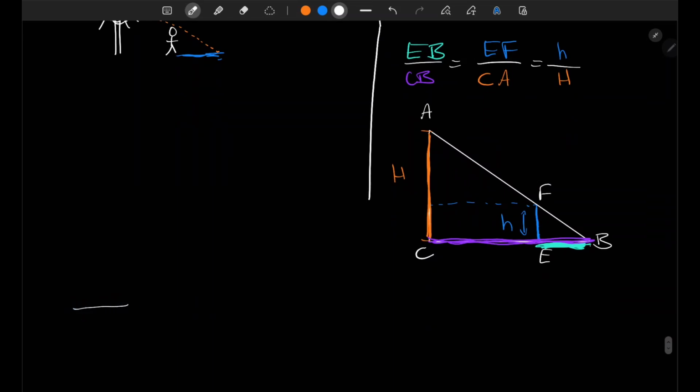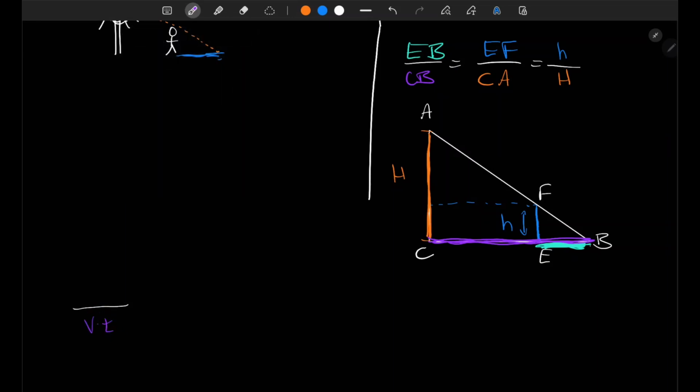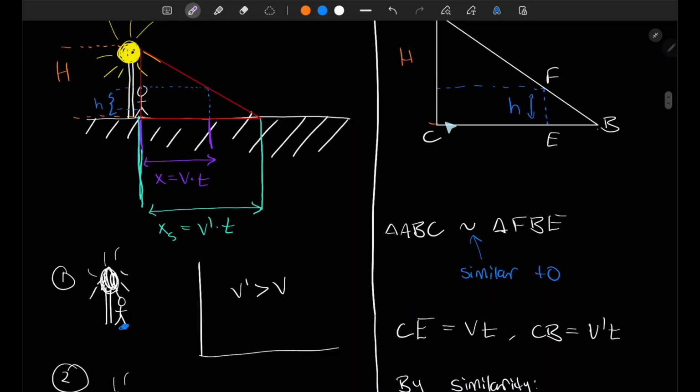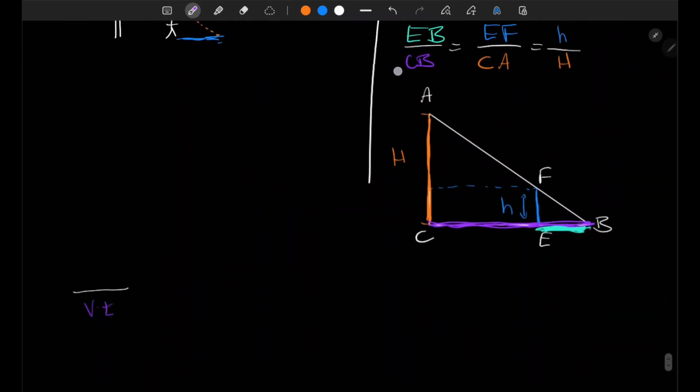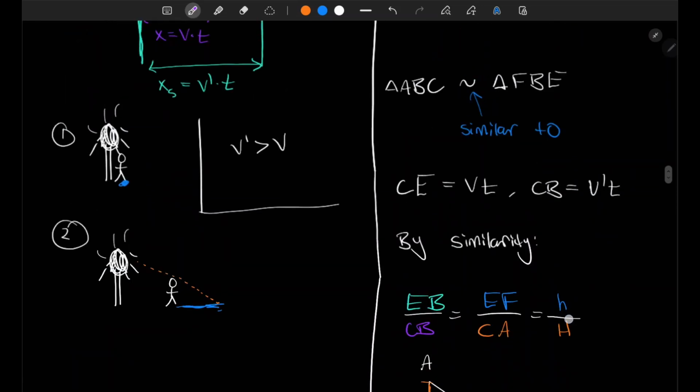So rewriting this, we're given that CB is equal to V times time. Yeah, what we're given, sorry, I was mistaken. What we're actually given is this is V prime T, right?